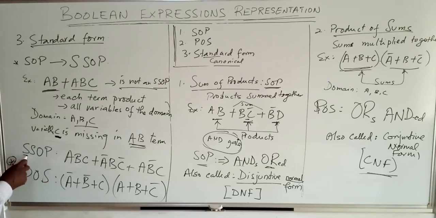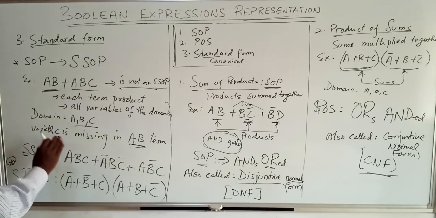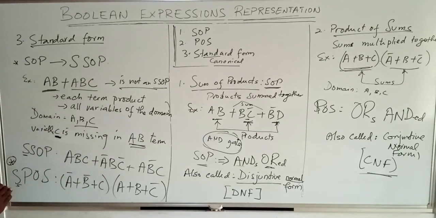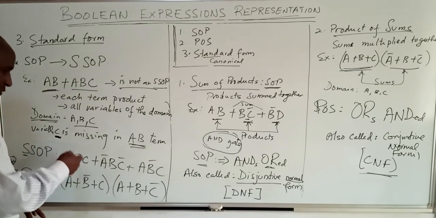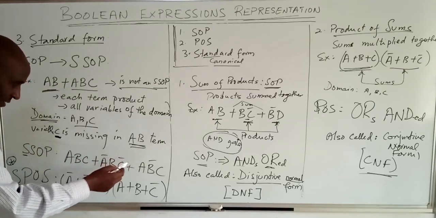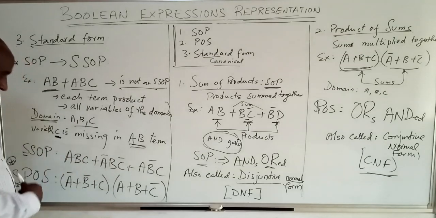So this is how we can represent the standard form. A standard form is represented when all variables of the domain are represented in each term. If it is a standard sum of product, each variable must be represented in each product term.